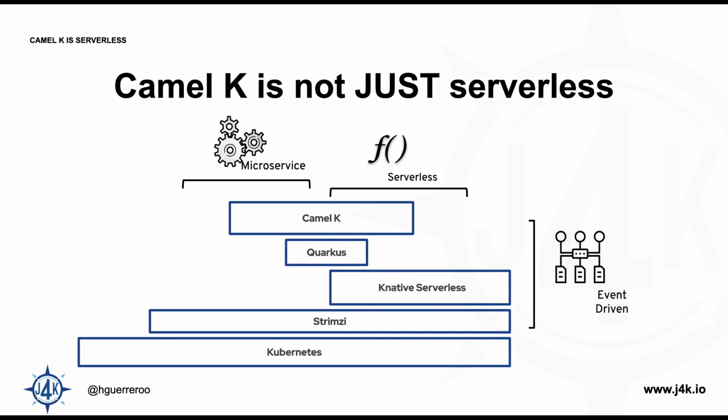But Camel K is not just serverless. Even though it shines when running on top of Kubernetes and Knative, it's not the only way to work with it. You can still deploy Camel K on top of Kubernetes without Knative, and you will be able to deploy fast if you're running on Quarkus, or using any other platform.